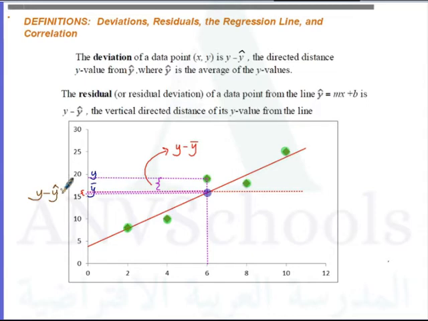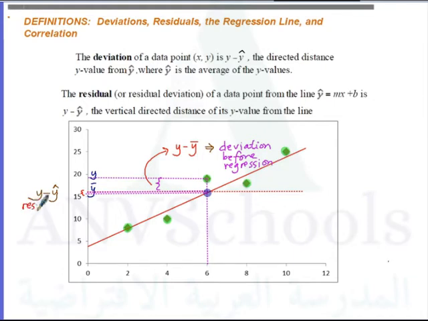You call it a deviation when it's before the regression or when we are considering the mean. So this is the deviation. This is before regression. And when we do consider the values of y hat after regression, we call it residual.